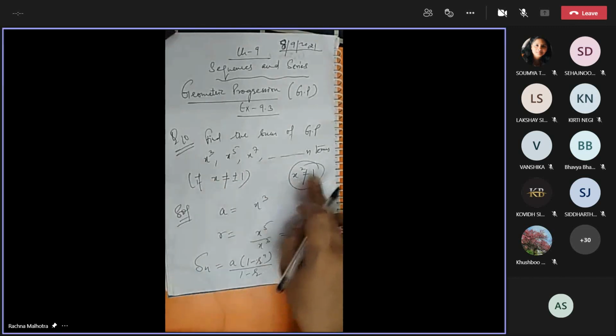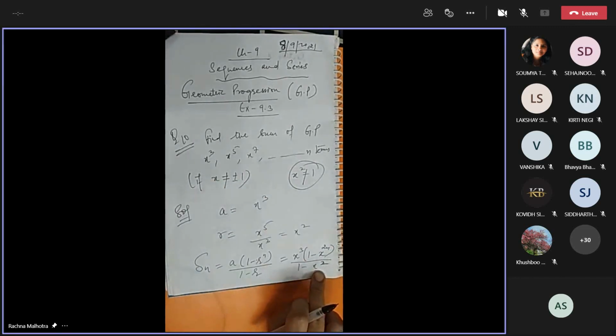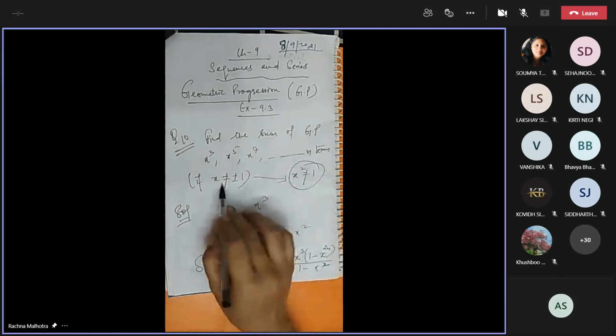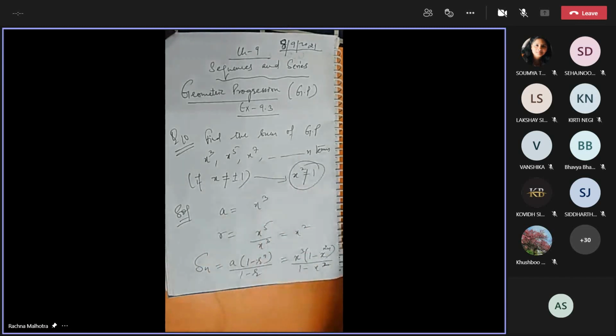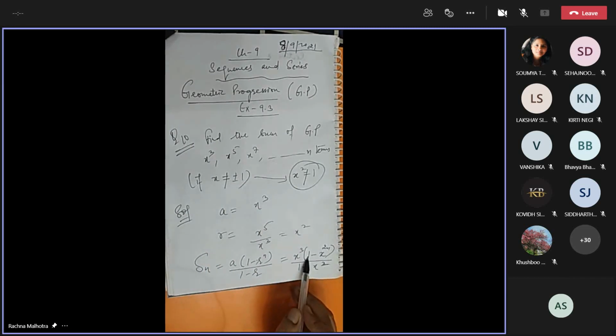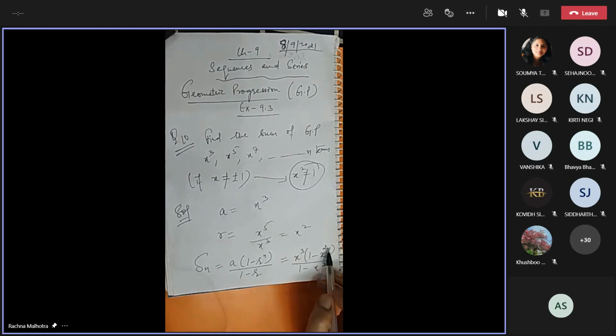So you can use x to the power 2n minus 1. आप minus common लोगे तो it will become x to the power 2n minus 1 over x square minus 1. It's up to you, you can write the answer in this form also.